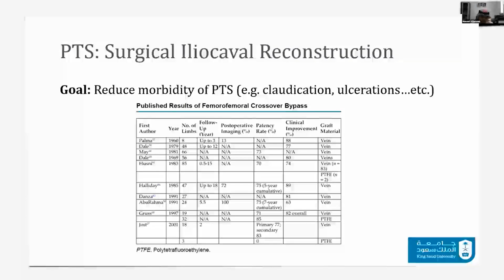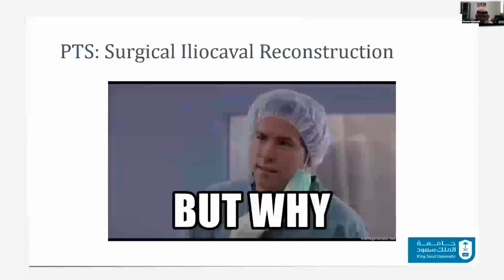This has been used for both thrombotic and non-thrombotic disease. The results have been kind of modest, and the clinical improvement is probably good at best, but the cumulative patency is anywhere between 70 to 75%.